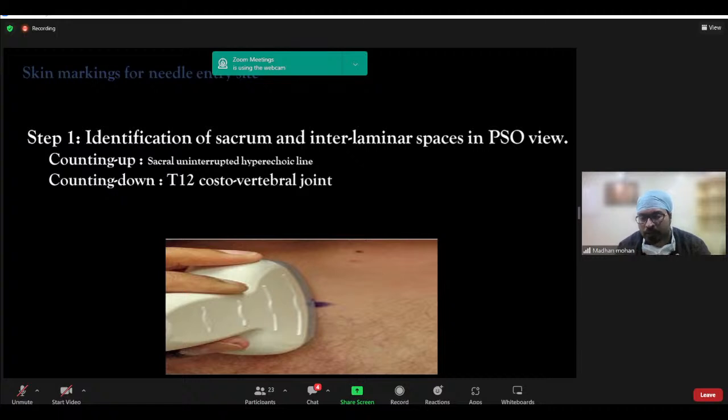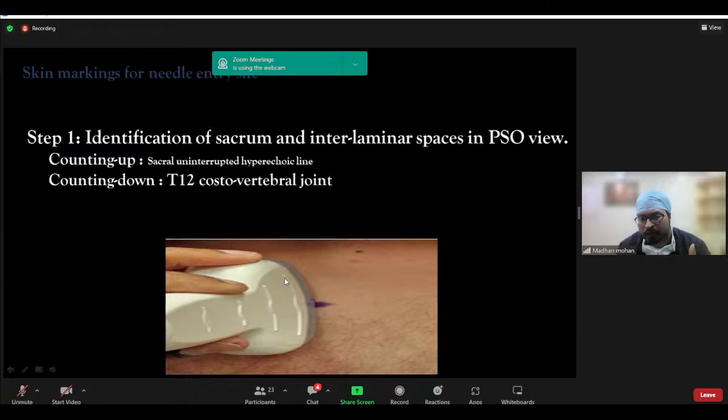But if you are planning to do a scout scan and just mark where you are going to do the procedure, you make the patient comfortable, either sitting or lateral position. Or if the patient is comfortable, you can even make the patient prone. But I would suggest you go with sitting or lateral position, and you start counting the vertebra.